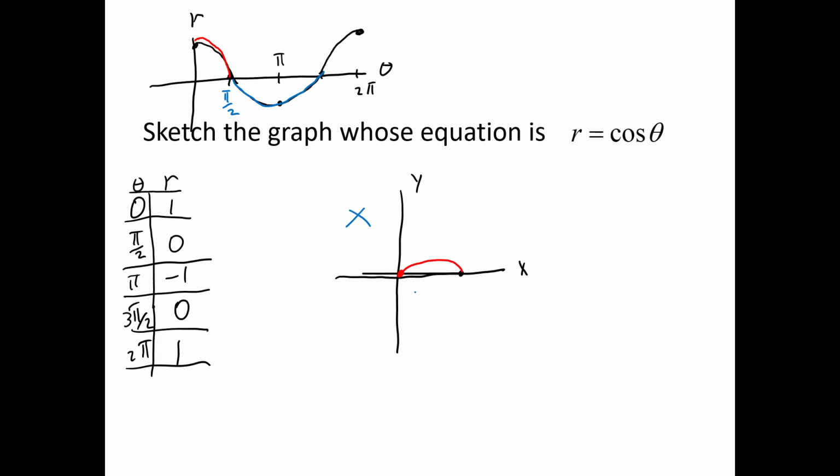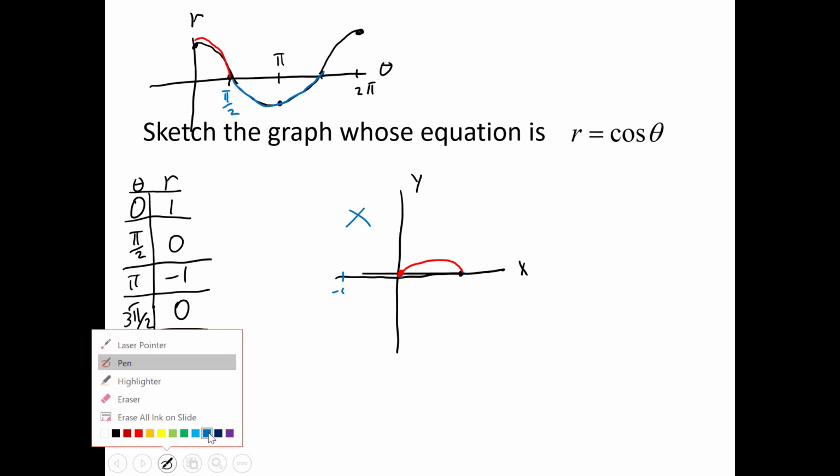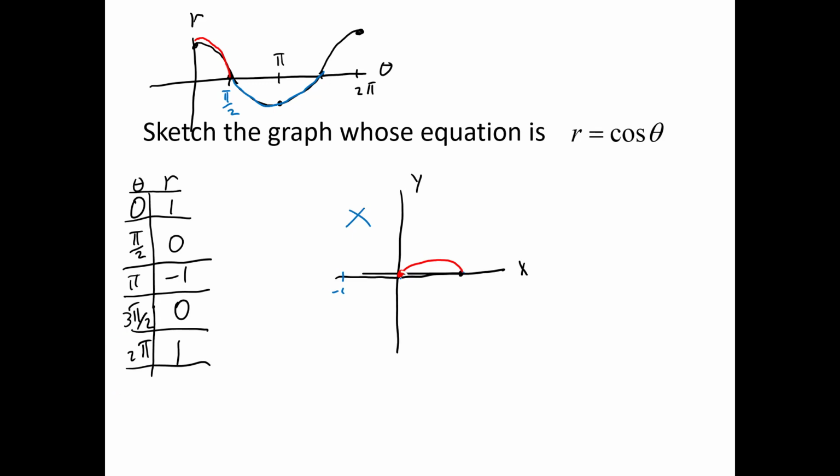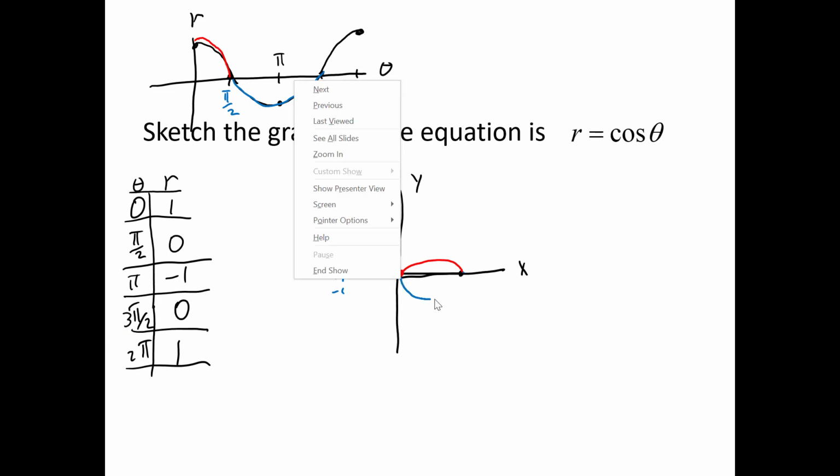So at pi, we have an r value of negative 1. Instead of being over here, we're actually over here, and the whole time my r value starts at 0 and then climbs to an r value of 1.